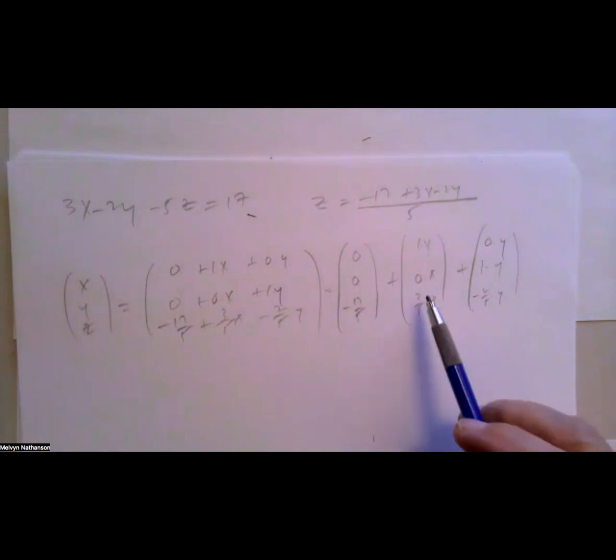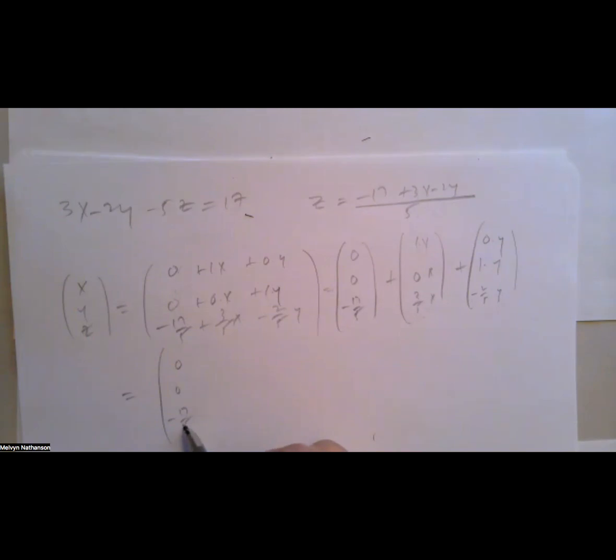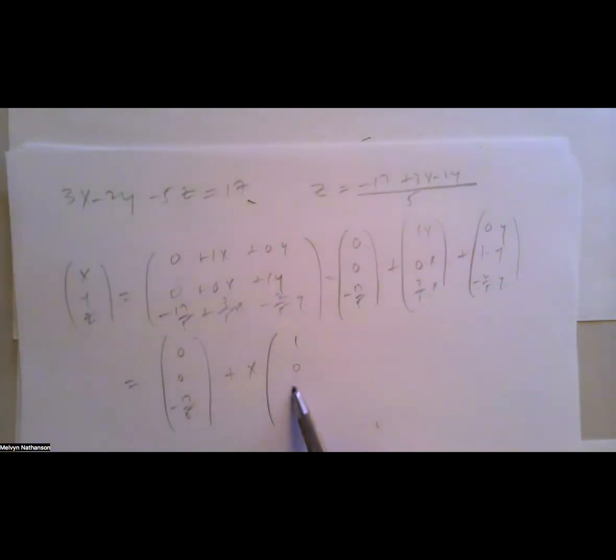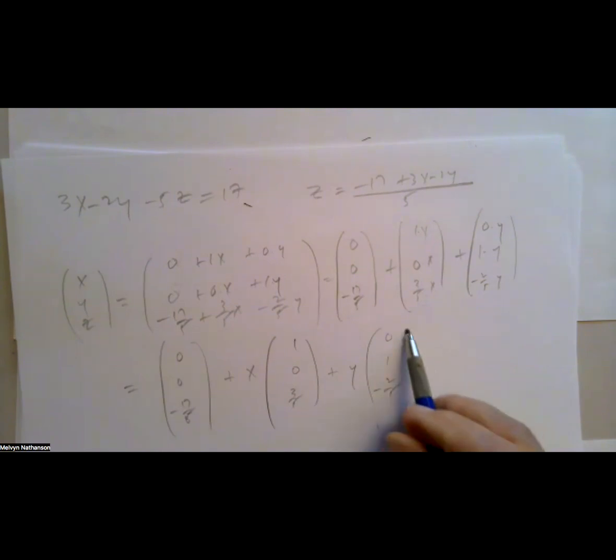And each of these is a certain vector, scalar multiplied by x or y. So this is 0, 0, minus 17 over 5, plus x times the vector 1, 0, 3/5, plus y times the vector 0, 1, minus 2/5.